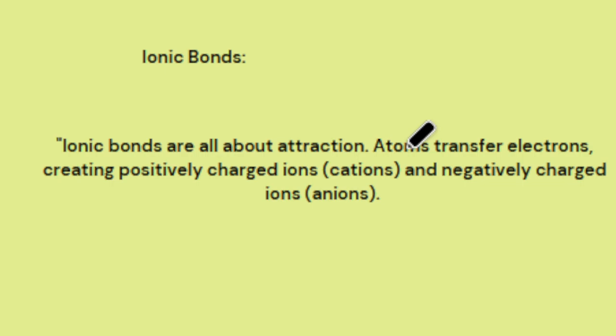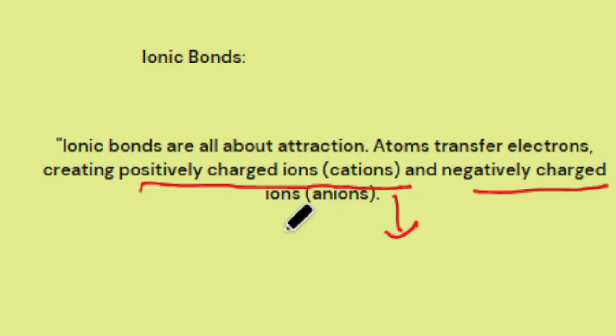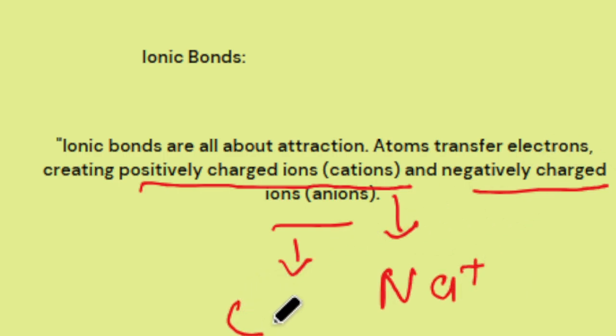One atom is positively charged and one atom is negatively charged, and the positively charged ion is called a cation and the negatively charged one an anion. In the NaCl example, the cation is sodium plus and the negatively charged anion is chloride. So that's it. This lecture is all about molecules, to help students better understand what a molecule is and what their types are, so they don't get confused about molecules.